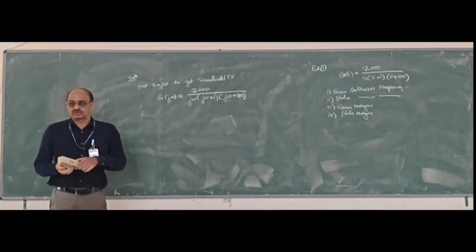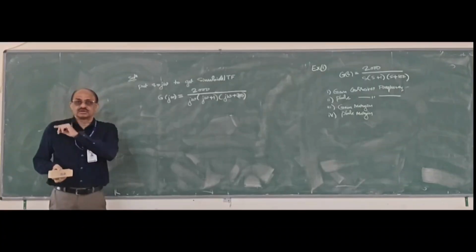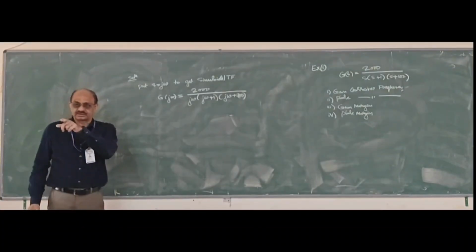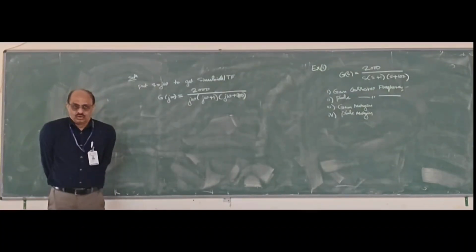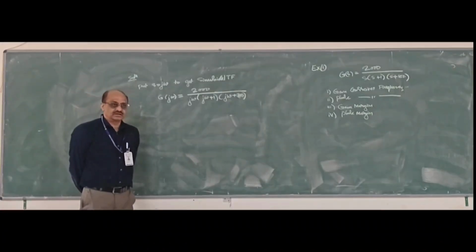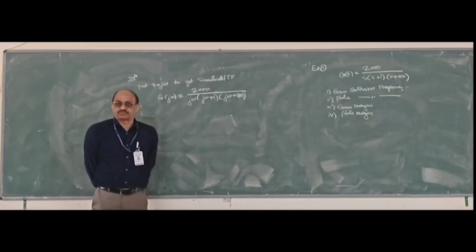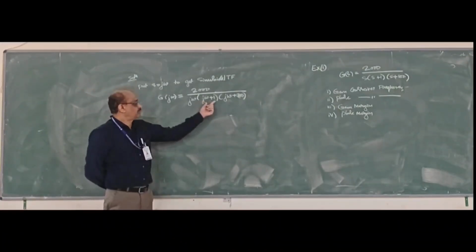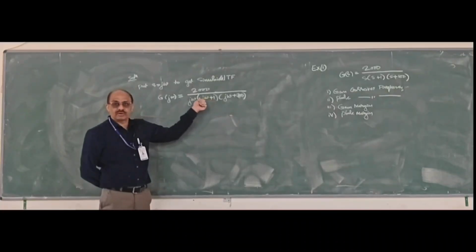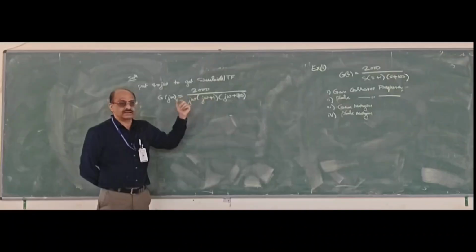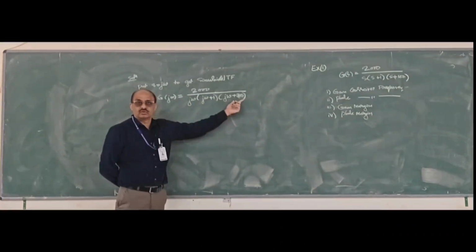Note that, observe the third factor. It is a first order factor, a pole. The second factor is 1 plus j omega, exactly in the required form, but this third one is not.